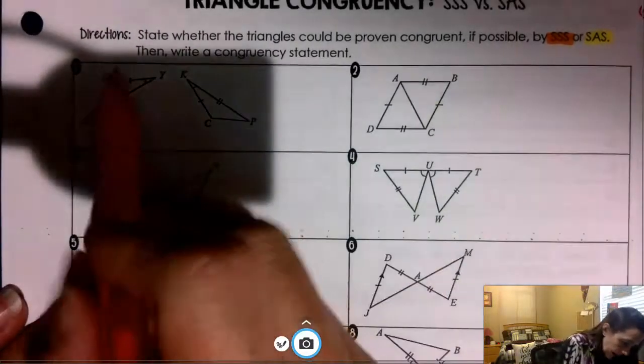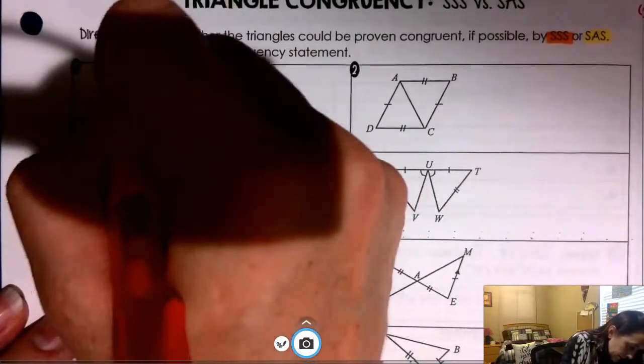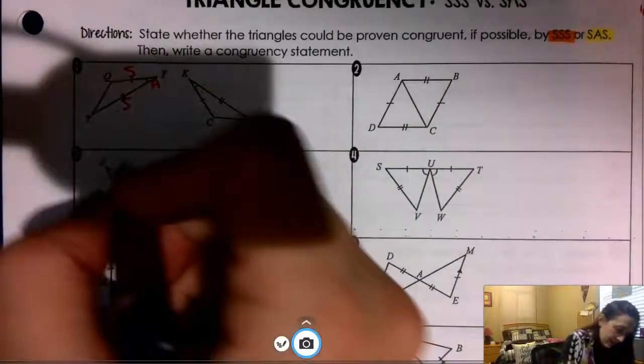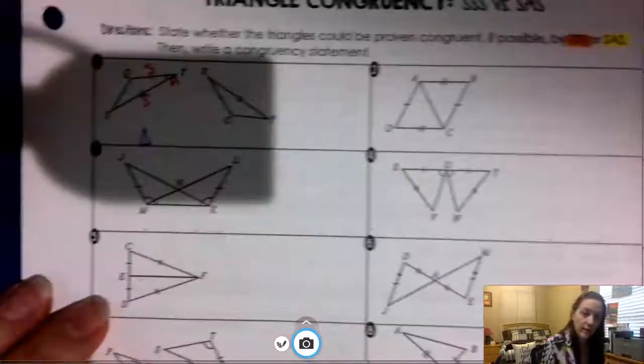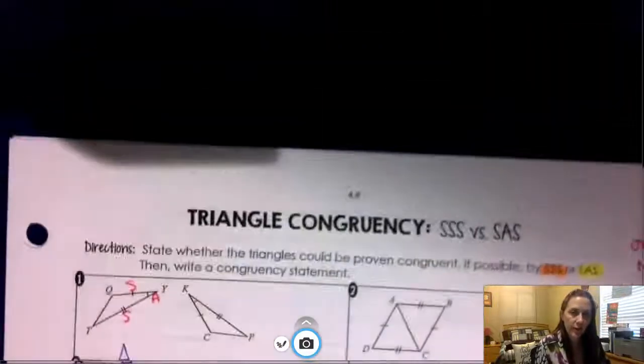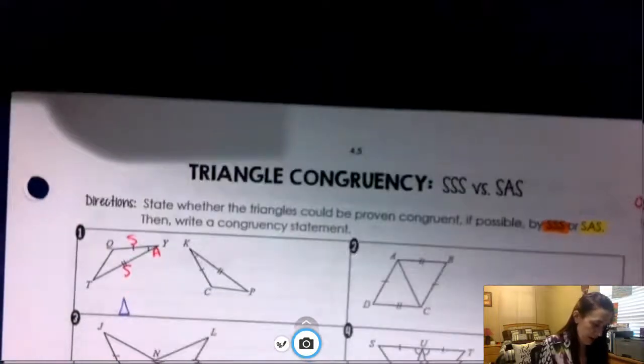So here I have a side angle side. I'm going to start alphabetically. The first letter alphabetically is going to be CKP.